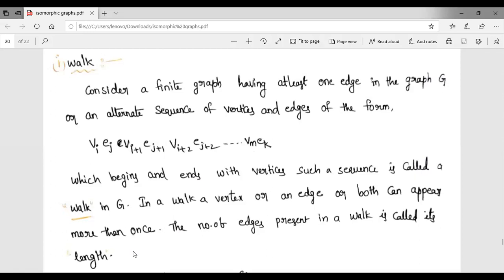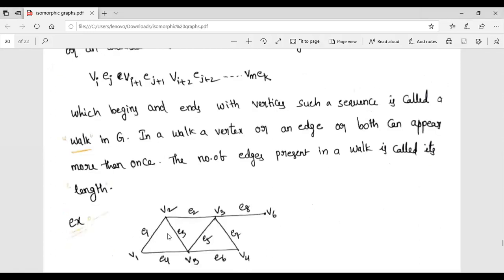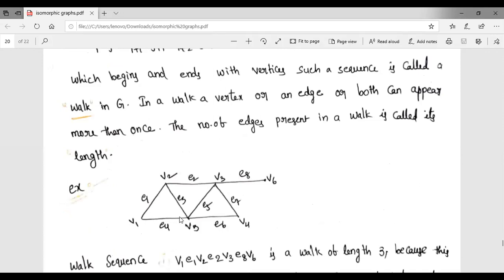So what is a walk? Let us consider an example. This is the given graph. We consider one walk: V1, E1, V2, E2, V3, E8, V6.